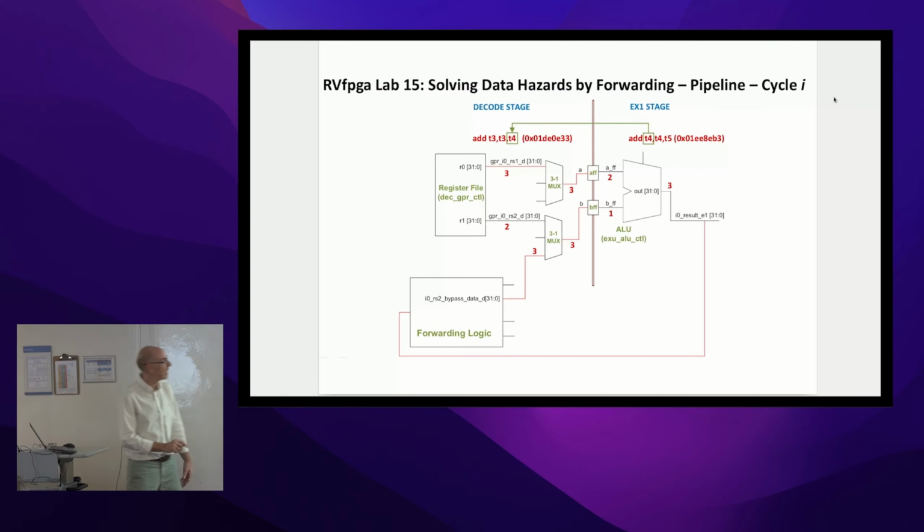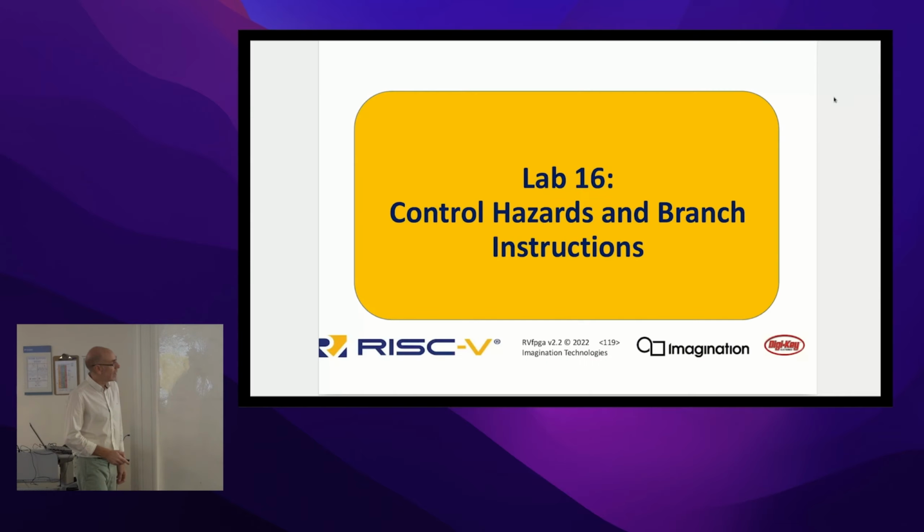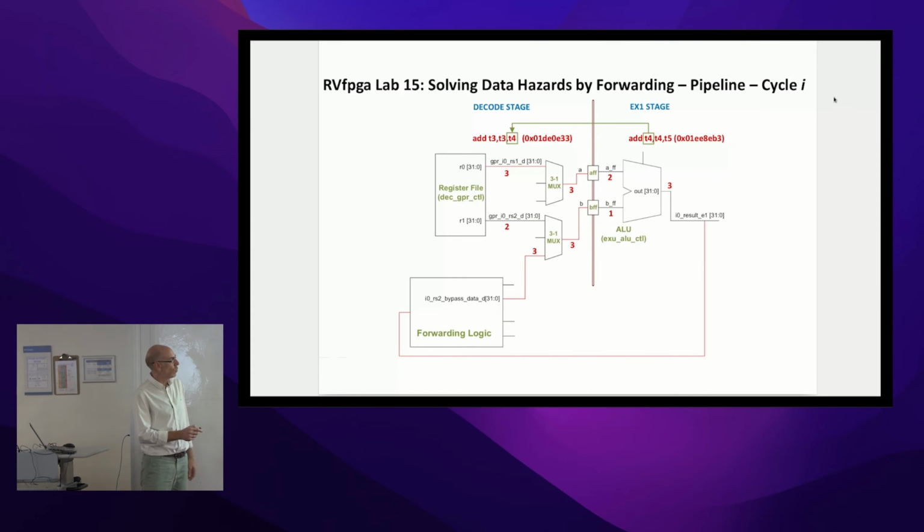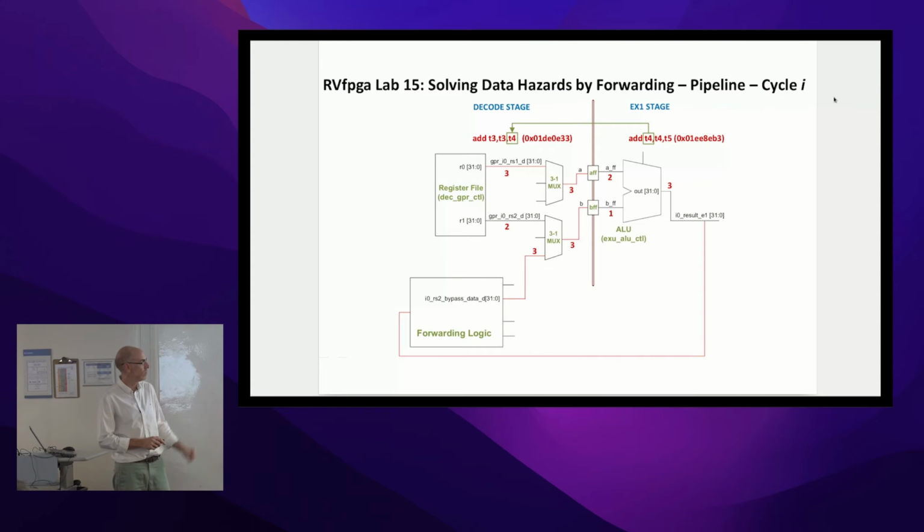Okay, this is the typical data hazard example resolved with forwarding from a later stage to a previous stage. I didn't include it here due to time constraints, but we also do a later simulation where this can be observed in the processor. You can see it in the document.